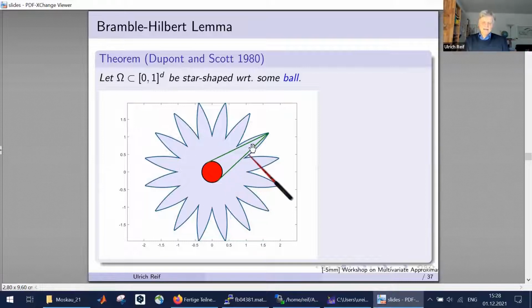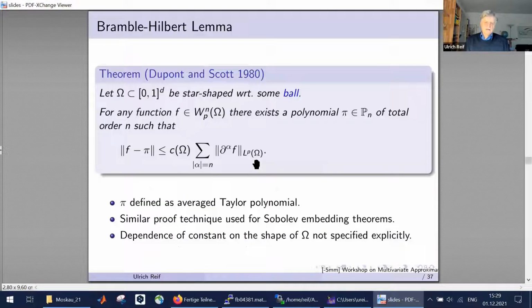In this case, every point in the domain can be seen from every point inside this little ball here. So star-shaped domains with respect to a ball admit the following estimate. The polynomial is defined as an average Taylor polynomial. The proof technique is similar to that for Sobolev embedding theorems.